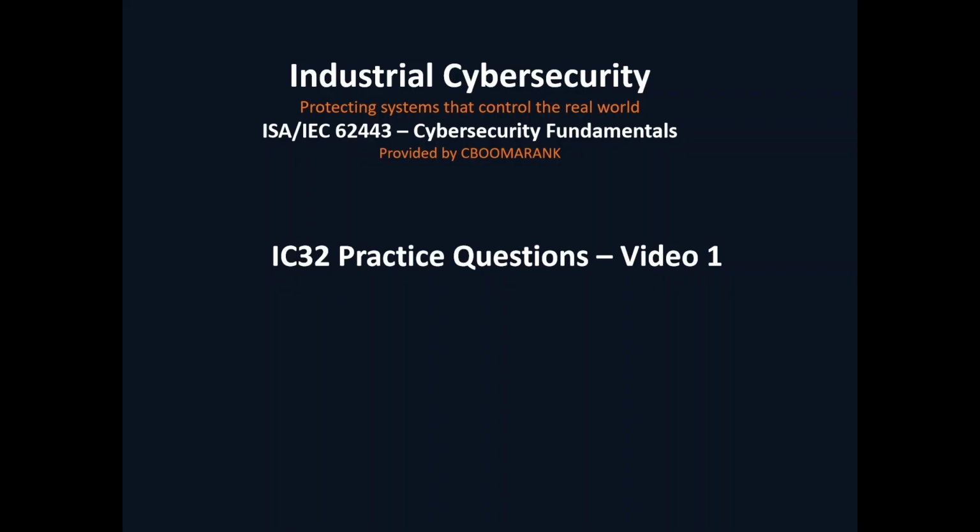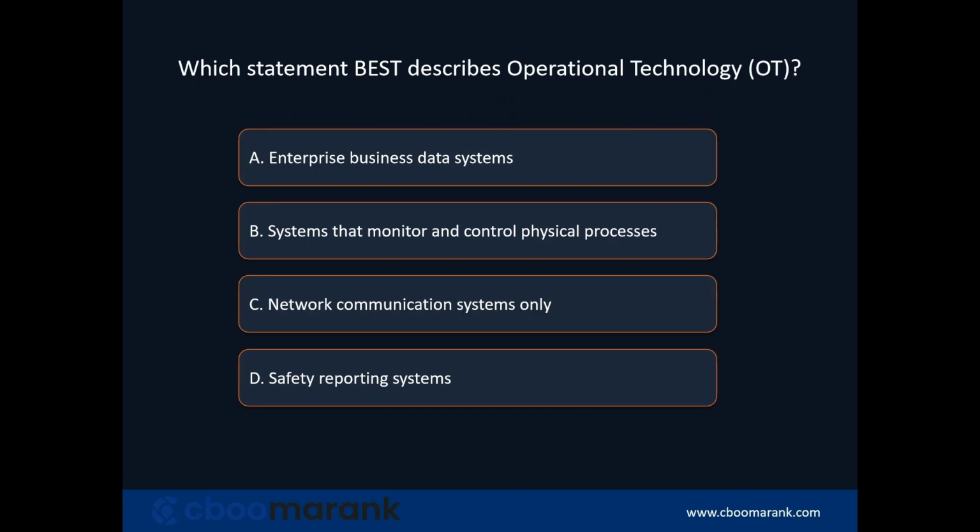And also, this is not about memorization. For each question, I recommend you pause the video, choose your answer, then continue to hear the explanation from me. Now let's start with the first question.